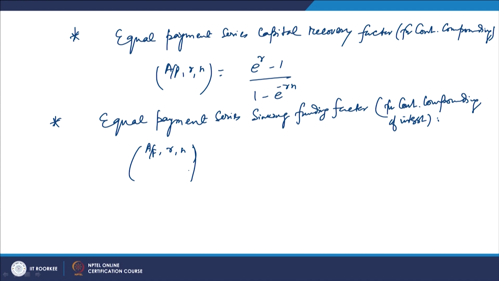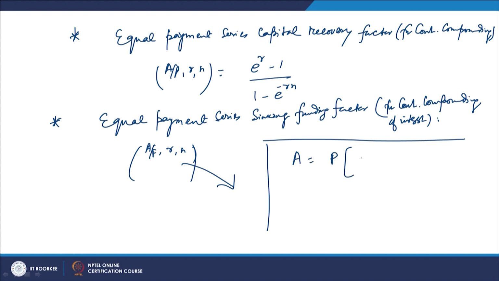Now, if you look at A and P, we know that A will be P into e raised to the power r minus 1, divided by 1 minus e raised to the power minus r n. We also know that P is nothing but F into e raised to the power minus r n.